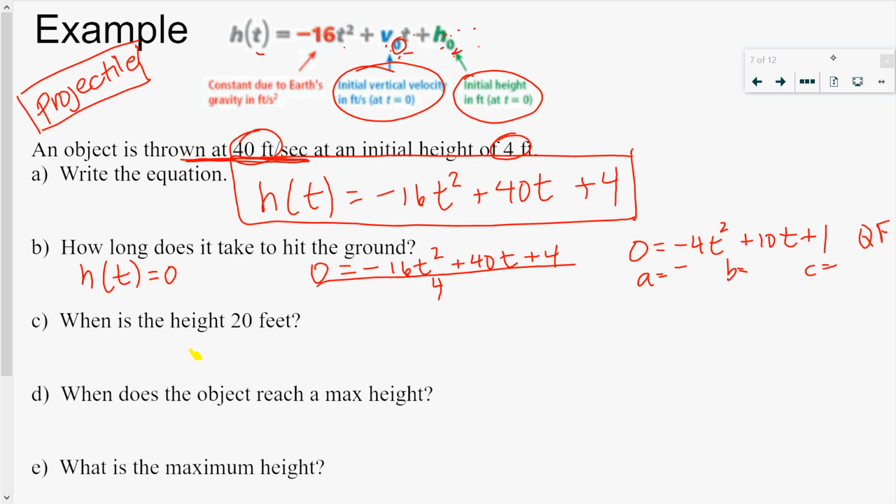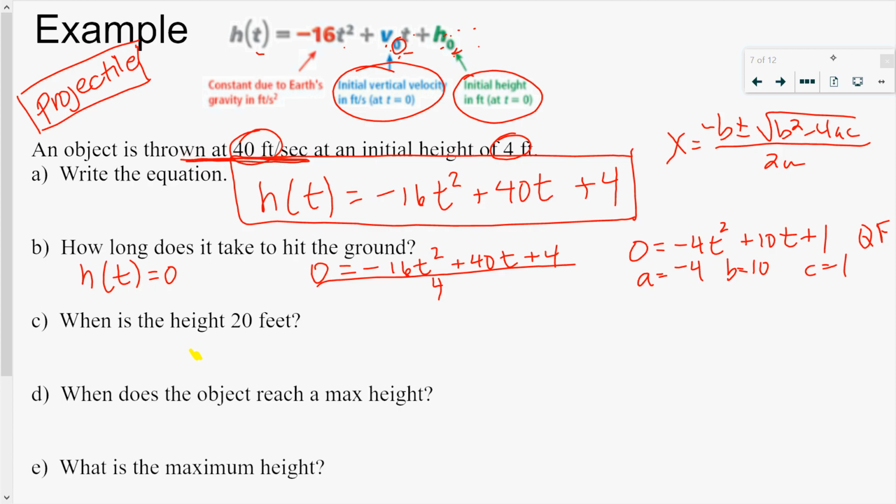-4, 10, and 1. Good. So again, you guys are going to check me on the math, right? Because I want to make sure I'm not giving you a bad number. So quadratic formula: negative b plus or minus the square root of b squared minus 4ac all over 2a. Sophia, am I going to give you that formula? Why? You have your notes, right? So write it right there.